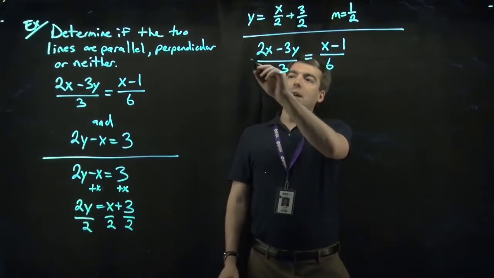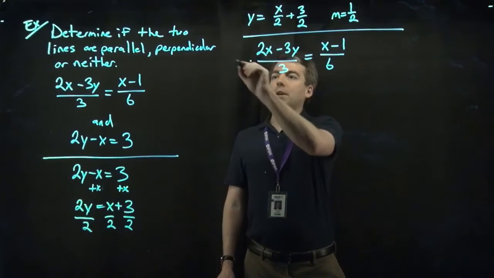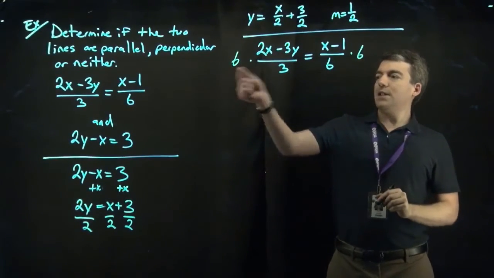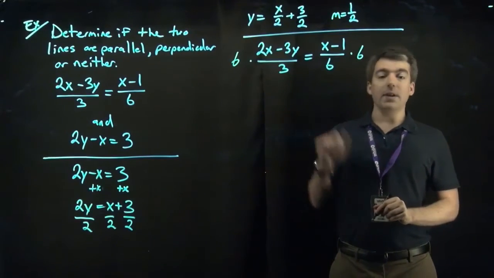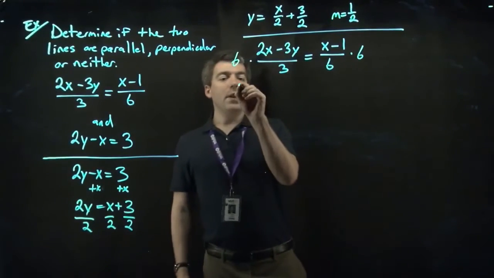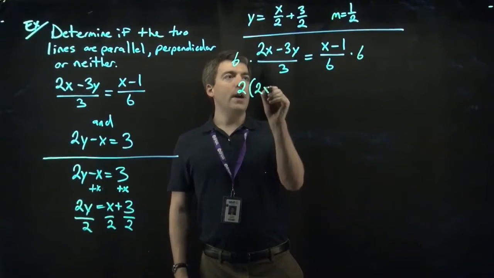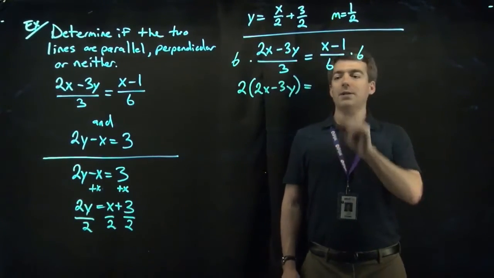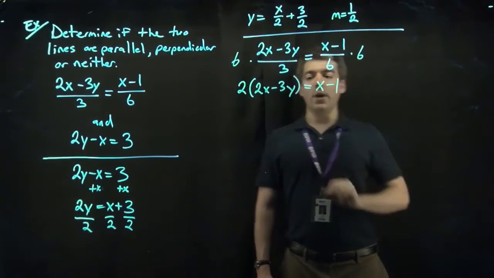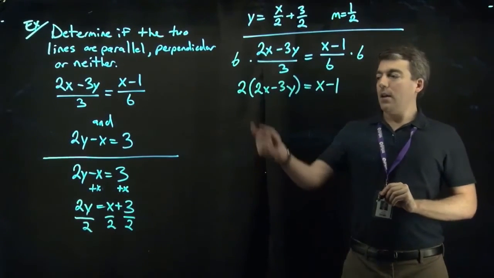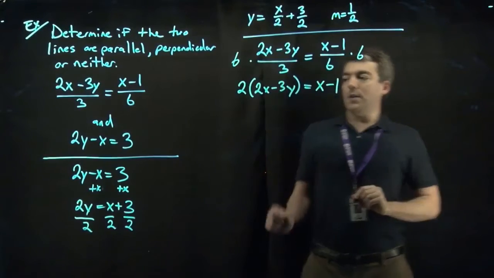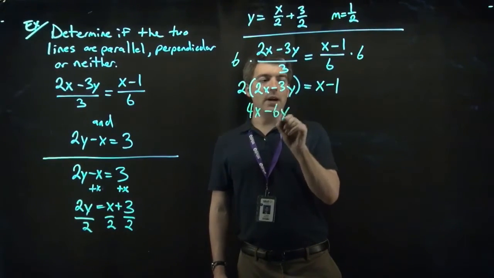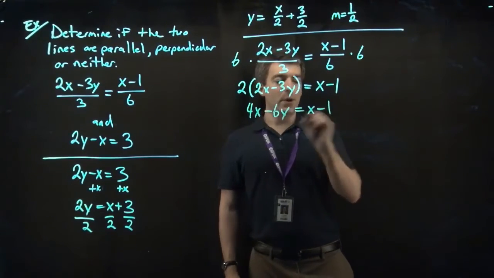The 6 cancels with the 3, leaving us with 2, so we'll have 2 times (2x - 3y). Here, the 6's will cancel and leave us with x - 1. We'll distribute the 2 into the 2x - 3y. So we have 4x - 6y = x - 1.